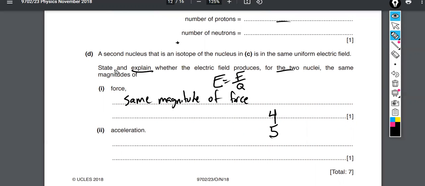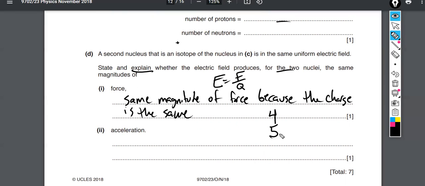In the explanation, always remember to and explain. If it says state and explain, don't just give the statement. Same magnitude of force because the charge is the same, right? So same charge, 4 protons, 4 elementary charges means it's going to experience the same force.